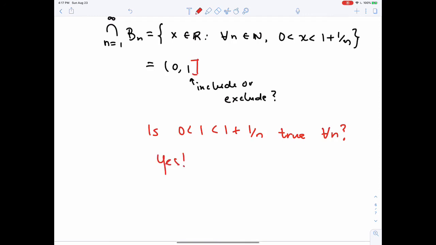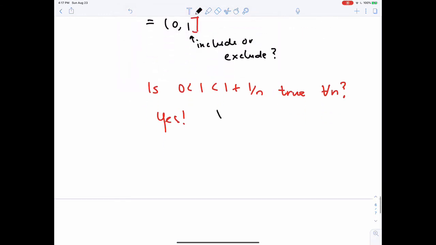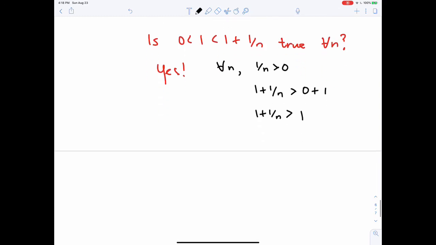This is true because we're using the fact that 1 over n is always a positive number. We can start with the fact that for all n, 1 over n is bigger than 0. So if I take that inequality and I add 1 to each side, I get that 1 plus 1 over n is strictly bigger than 1. And we know that 1 is certainly bigger than 0.